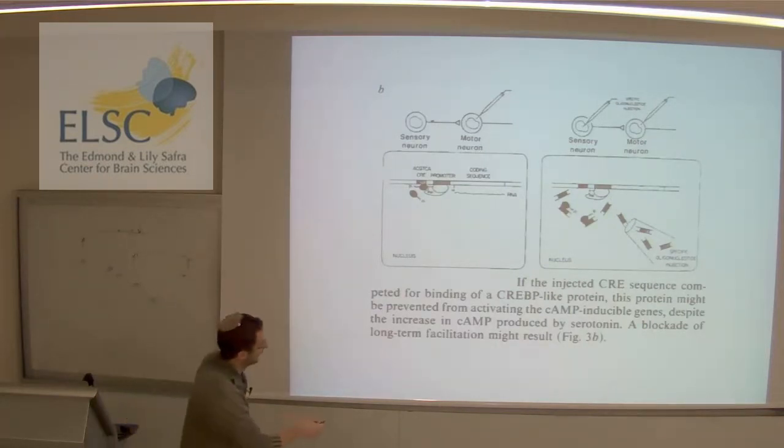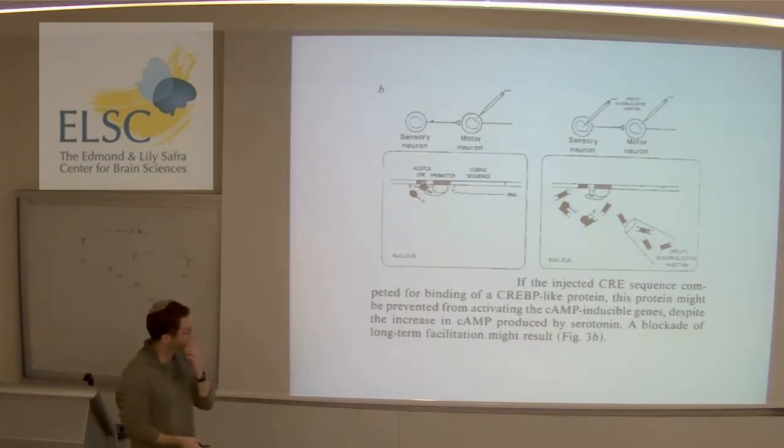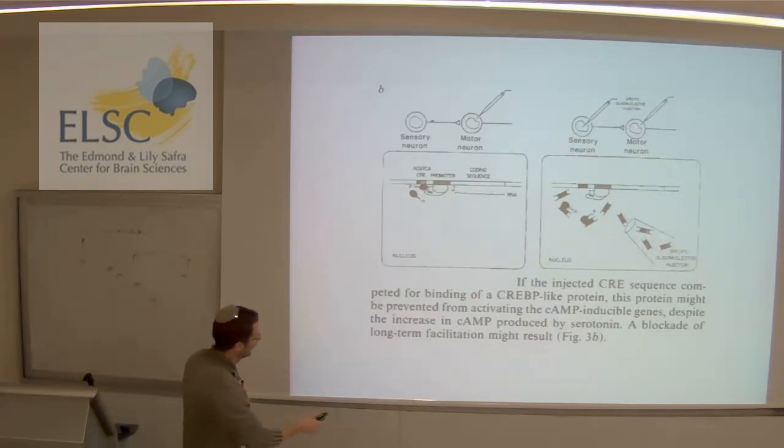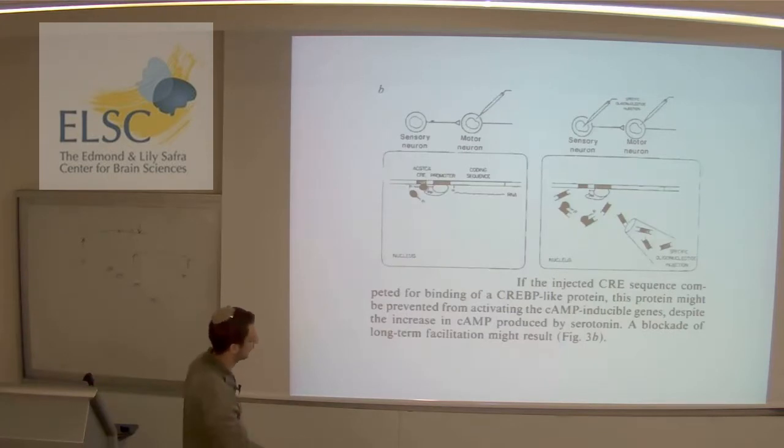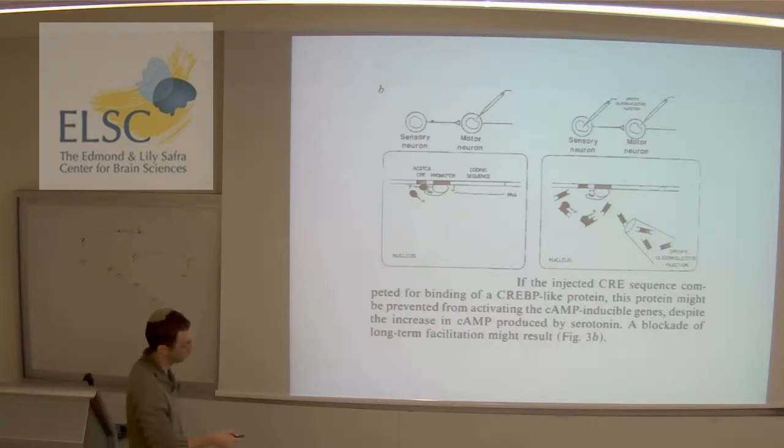Okay, and let's just read this phrasing here. It's the most accurate one I could think of, or they could think of, and it gives the reason of what exactly is the research question in this electrophysiology part. If the injected CRE sequence competed for binding with the CRE-BP-like protein, it catches some of the CRE-BP.